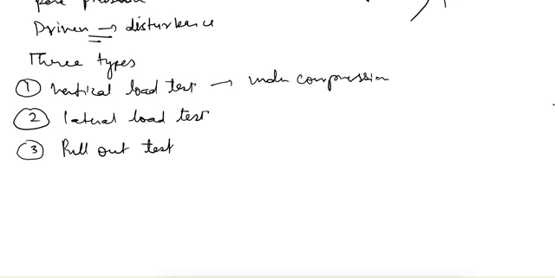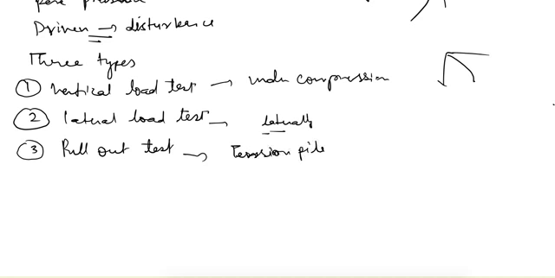We will plot the load settlement graph and find out the ultimate load or the settlement, whatever is required. The lateral load test is used when the pile is loaded laterally, and the pull out test is used for a tension pile. These are the different kinds of tests.